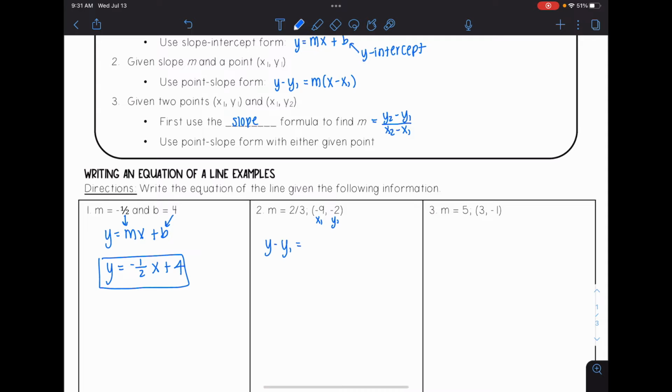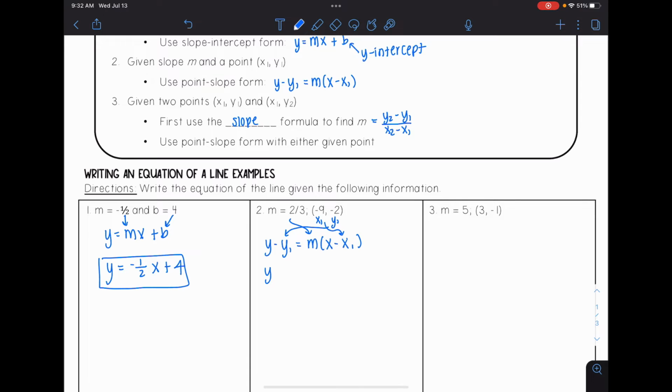And I'm going to use the formula y minus y1 is equal to m times x minus x1. And I'm going to plug in all of my information into here. So my m is equal to 2/3. My y1 is -2. My x1 is -9.